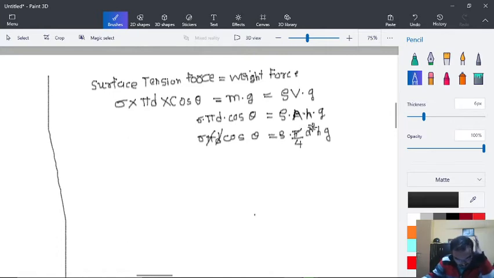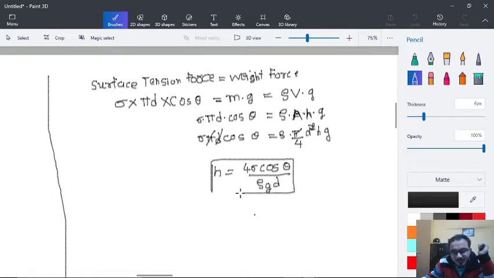So the value of capillary rise that we are going to evaluate here is equal to 4 sigma cos theta divided by rho g d. So this will be our formula in this case: 4 sigma cos theta upon rho g d.